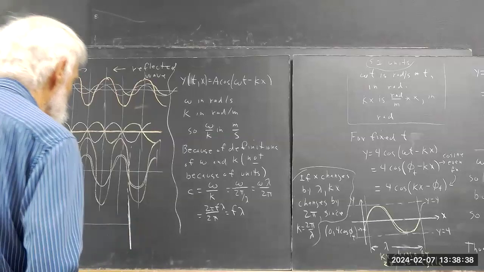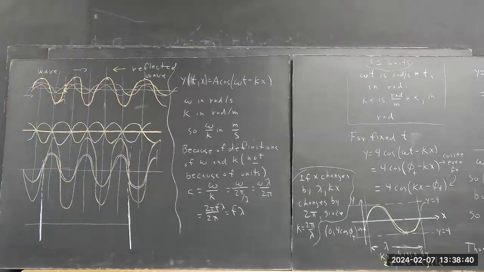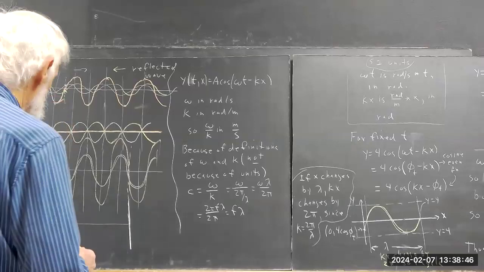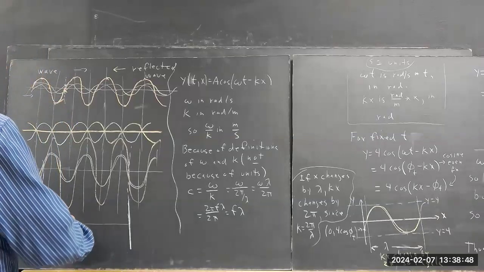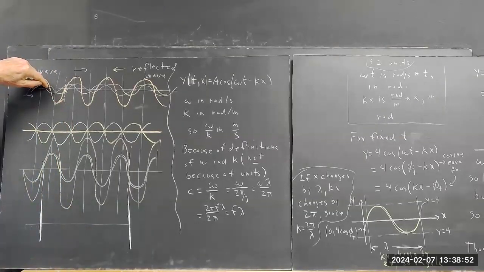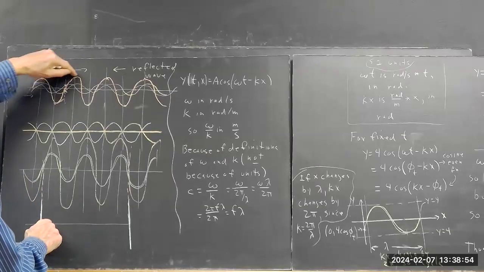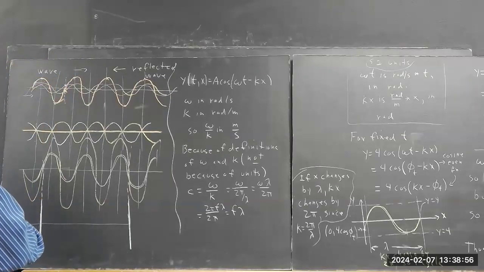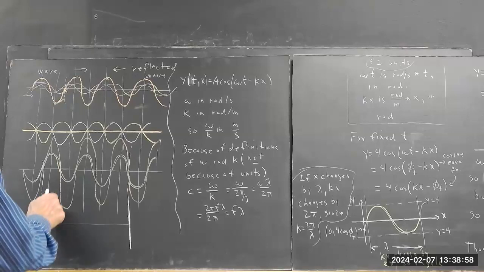Here's the equilibrium position of the spring, using a different vertical scale, because I don't have room to make it as big as I made that one. We start out with this configuration, where it's down, then up, then down, then up, and so forth. And let's be careful.